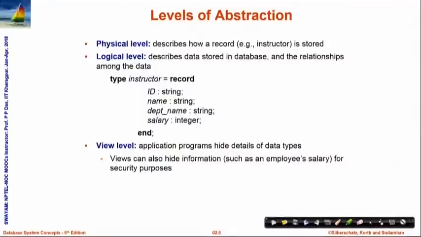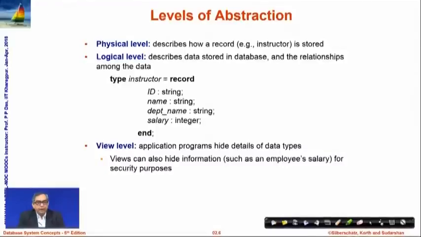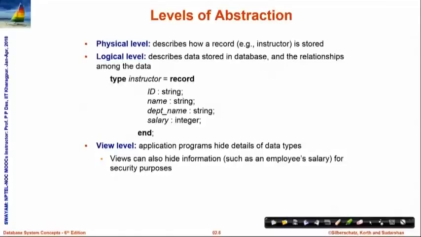At the third level, which you can say is the topmost level, called the view level, the application program tries to view the data, and it deals with the details that it needs to, and the rest of the details are usually hidden from this view.